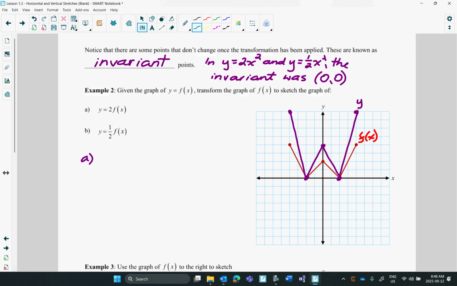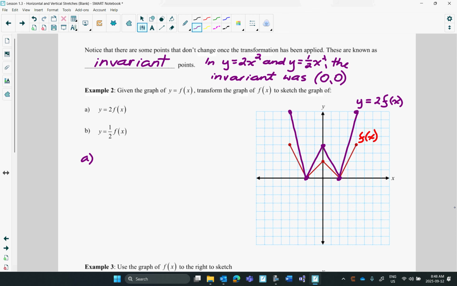And that's y equals 2f of x. So that's a way to do it mentally using the graph. And it's pretty simple because you're only doing one transformation. But if you're doing several transformations, that's when you might make little mistakes.